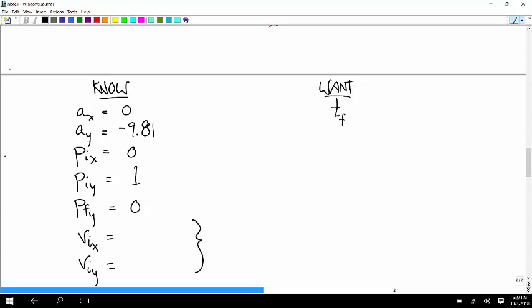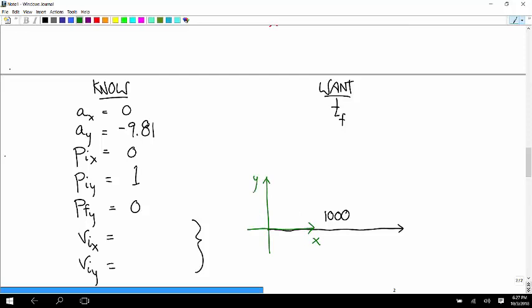And the reason we're going to know both of those is because we know the initial velocity has a magnitude of 1,000, and it's completely horizontal.